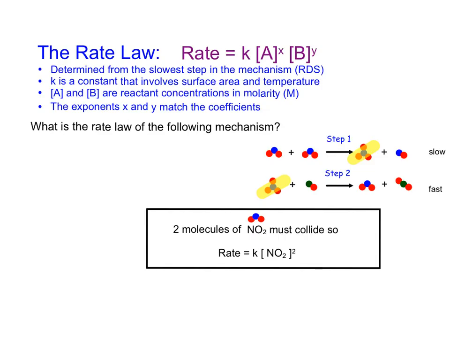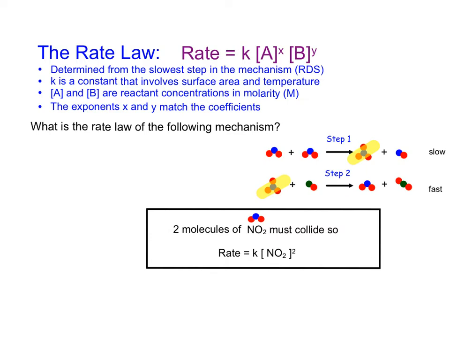Which brings us to writing rate laws. Rate laws are chemical formulas that help us determine the speed of a reaction. They are determined from the slowest step in your mechanism, your rate determining step. And all rate laws look really, really similar.